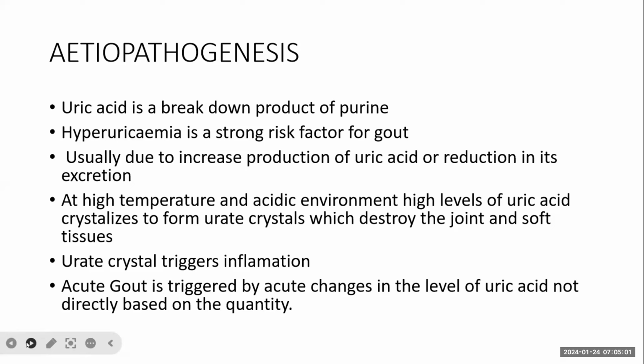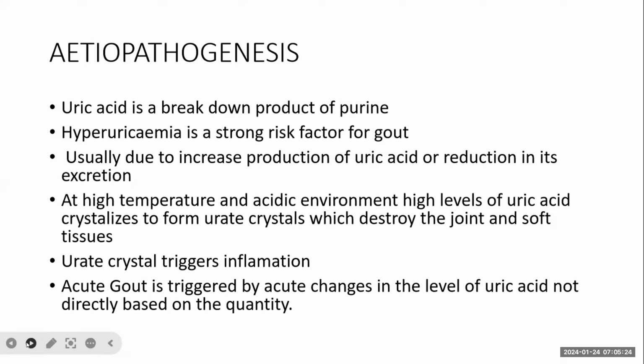So when we take in purine foods, they break down to form uric acid. When we have very high levels of uric acid in the blood, they crystallize to form urate crystals, which now get into the joints and also get into the tissues. So the main issue is either there's an increase in the production or a reduction in the excretion of the amount of uric acid that is being produced.